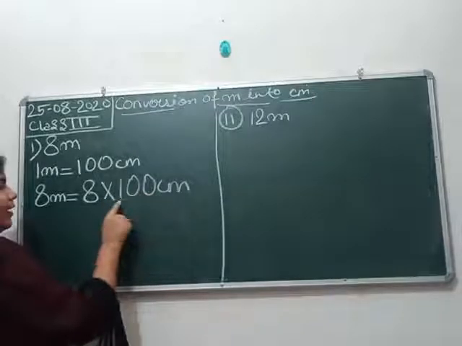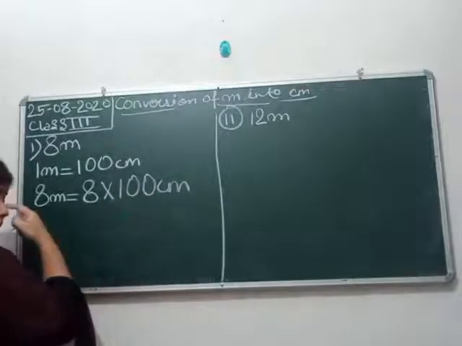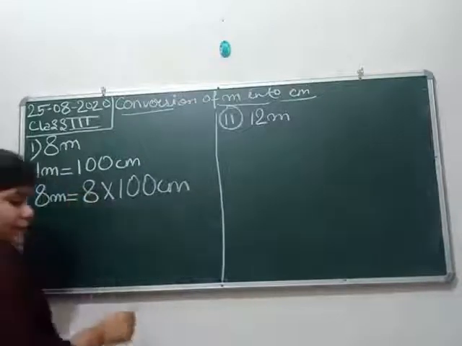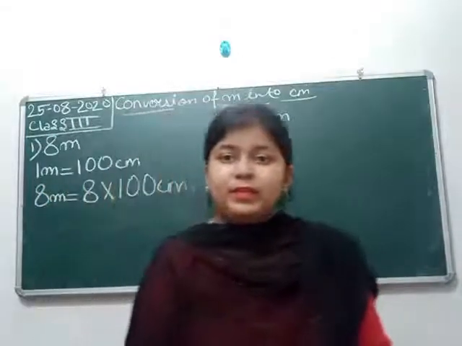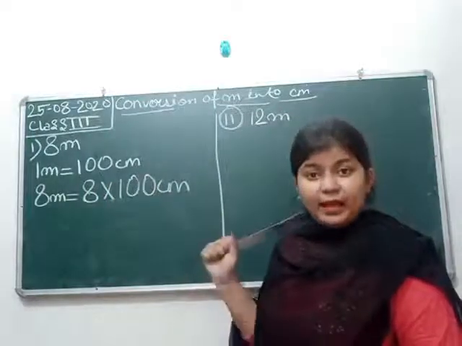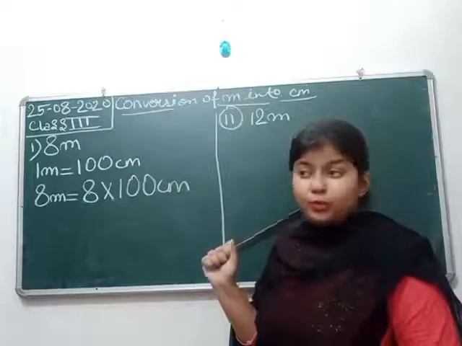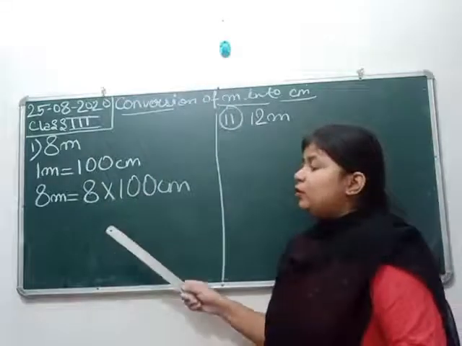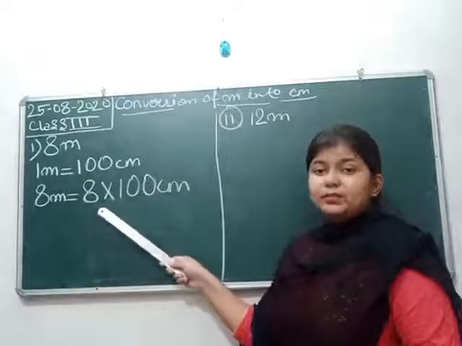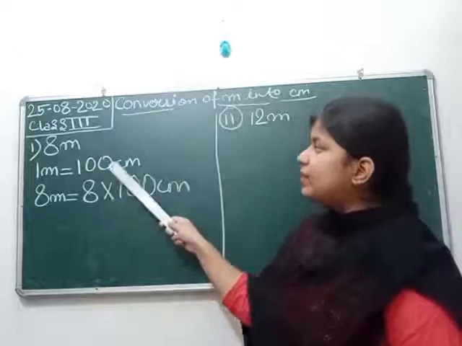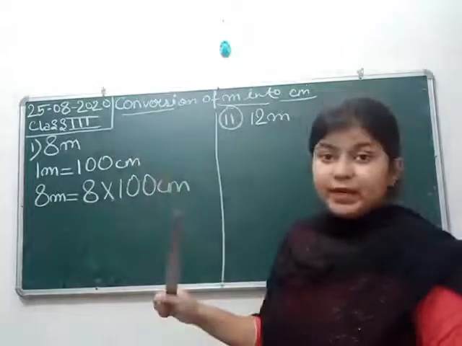यहाँ पे क्यों हम 100 मल्टीप्लाई कर रहे हैं? So we are multiplying 100 here because 1 meter is equal to 100 centimeter. See, if 1 meter is equal to 100 centimeter and I have told you to find the measurement of 8 meter, then 8 meter is equal to 8 into 100 centimeter. 1 meter का measurement is given. 1 meter में कितने centimeter?